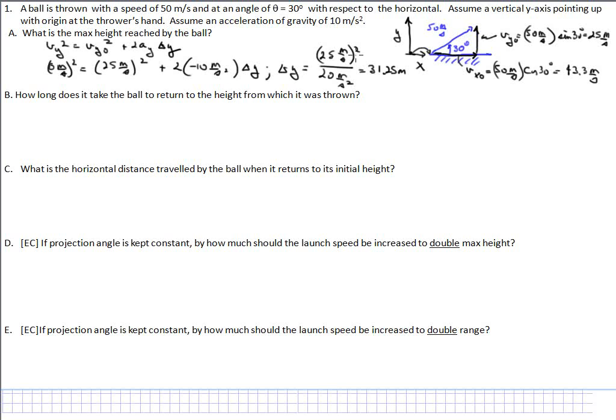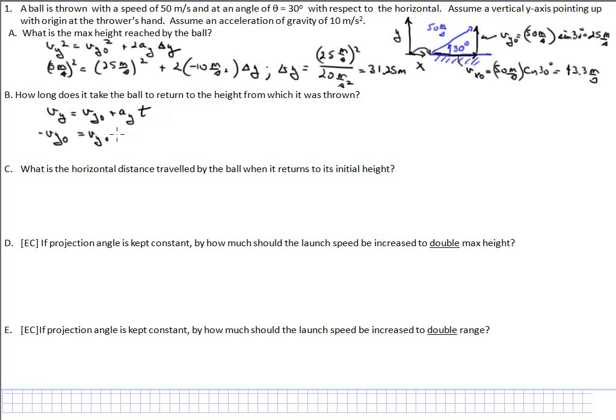Again, always check your units, and you can see meters squared over second squared divided by meters per second squared gives me meters. Next one is how long it takes the ball to return to its original height, and I'm going to use this kinematic equation right here. If it returns to its original height, then Vy is equal to minus Vy naught.